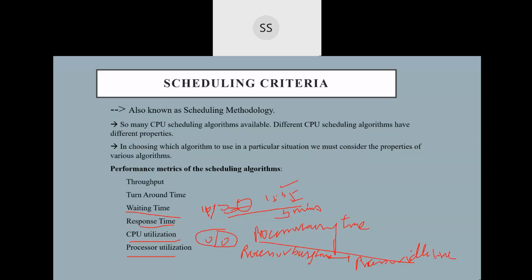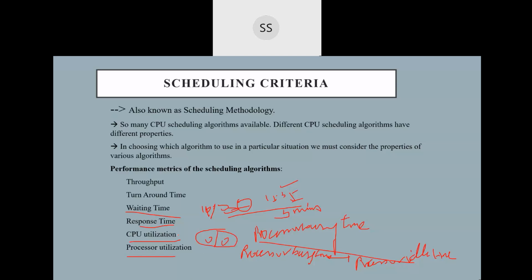Once again I'm repeating: process utilization is the ratio between the process busy time and the sum of process busy time and process idle time. Is it clear for you all? Overall, we want maximum CPU utilization and maximum throughput.